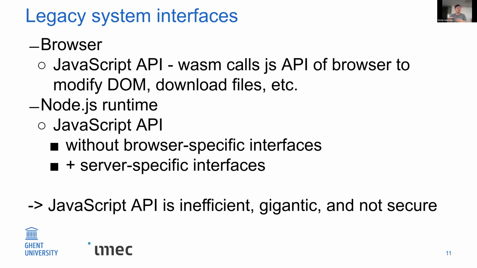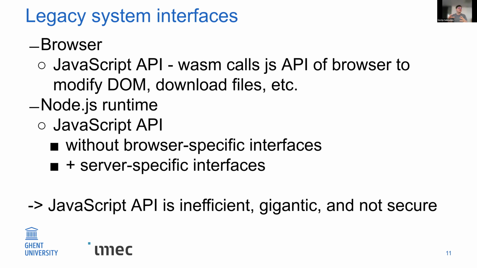In order to download a file, WebAssembly just runs JavaScript functions of the browser. And this was also the first iteration of WebAssembly on servers, which uses the exact same API. The Node.js runtime, for example, uses the same JavaScript API, but it removes some browser-specific interfaces and it adds some server-specific interfaces.